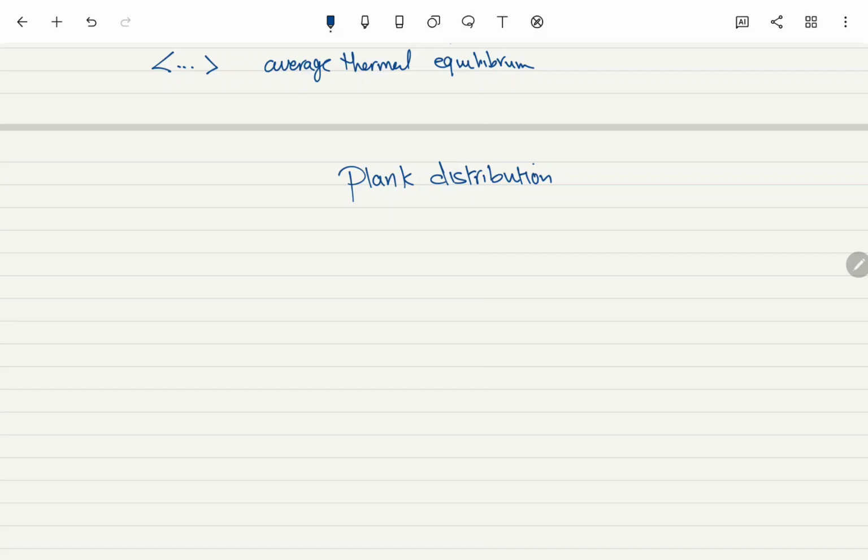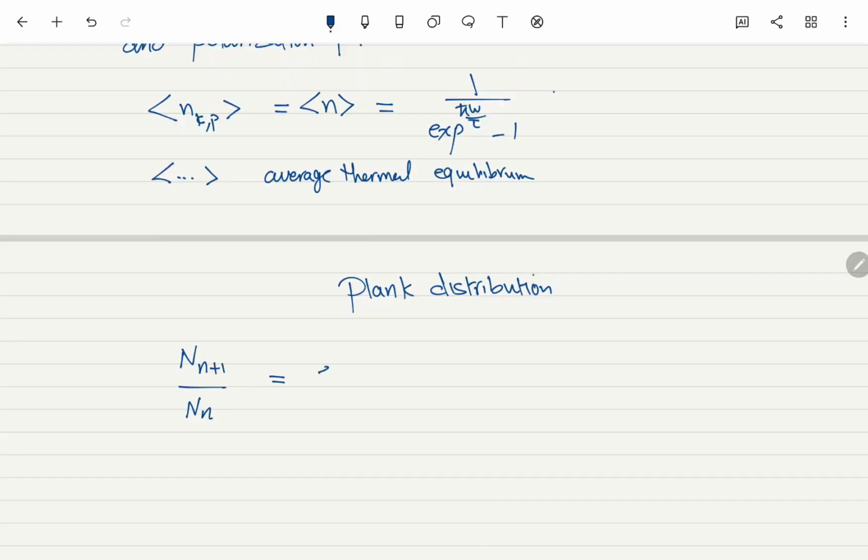In this way, the ratio of the number of oscillators in their n+1 quantum state of excitation to the number in the nth quantum state, where n is the number of the nth quantum state, is equal to exponential minus h bar omega over tau.